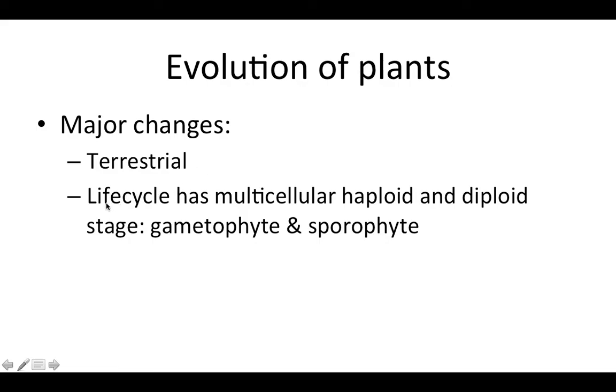Second, we get the evolution of multicellular haploid and diploid stages. Put in more technical terms, this means that we have both a gametophyte stage and a sporophyte stage. Because the charophytes only had a haploid stage, they only had the gametophyte stage. They never had a true sporophyte.